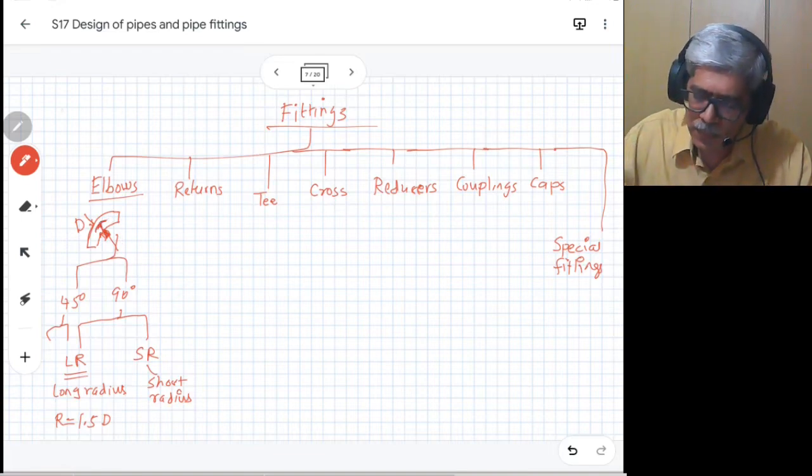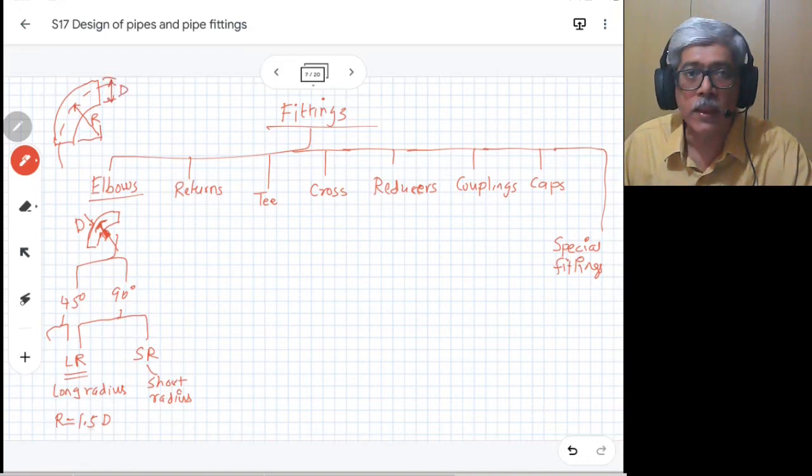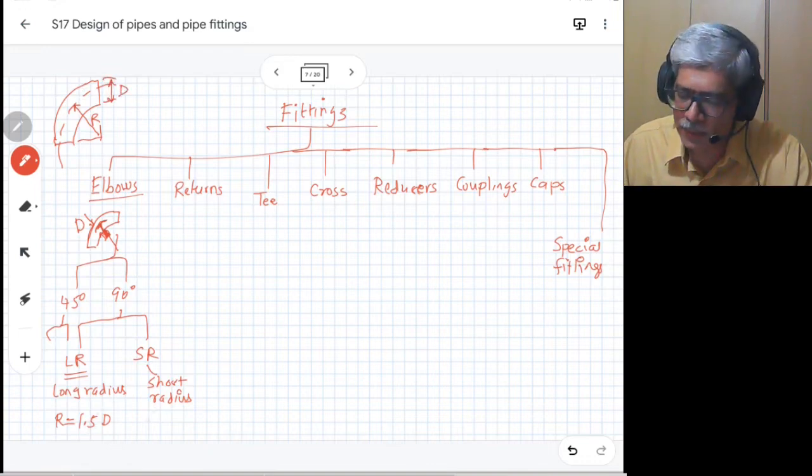So let me draw it bigger. If this is your elbow, the R is the one which is measured at the midline, and the D is the diameter of the elbow. So in case of long radius elbows, the R is equal to 1.5 times D, and in case of short radius elbows, the R is equal to D.